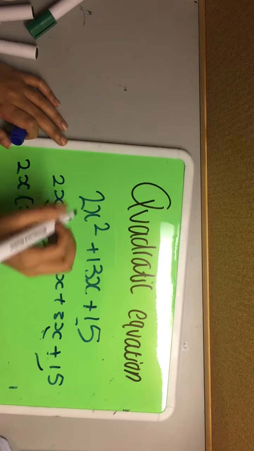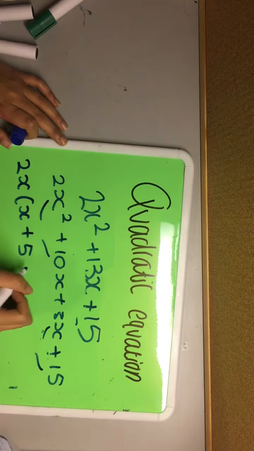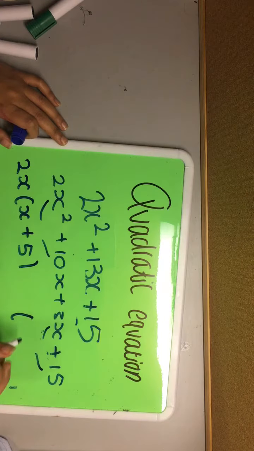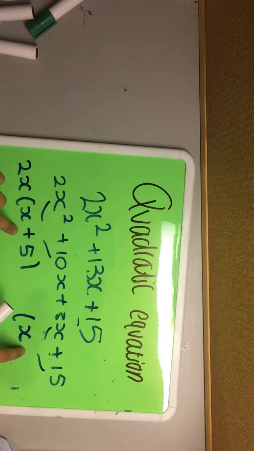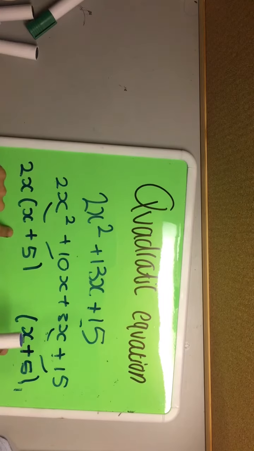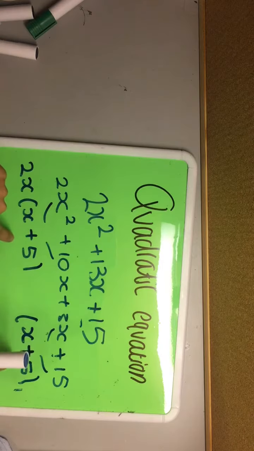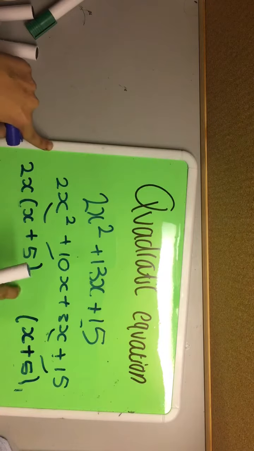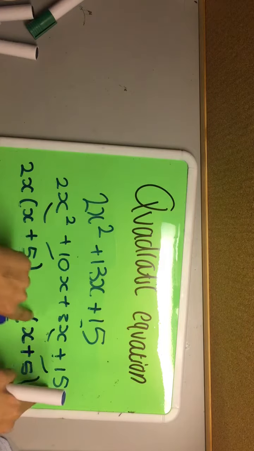Make that x to make it 2x squared, plus 5 to make 10x. And then these brackets always have to match. So we know that'll be x plus 5. They always have to stay the same. So once you figure out this side, you know that this side will be the same.